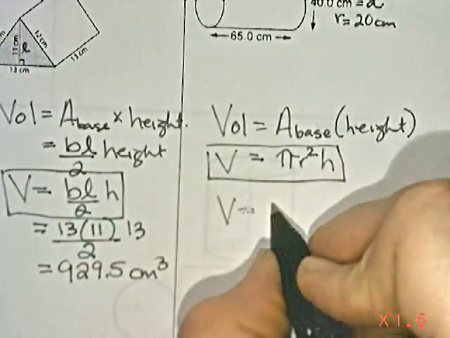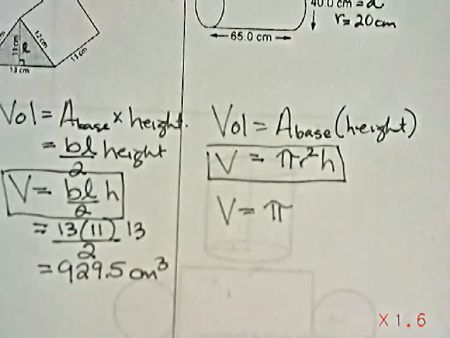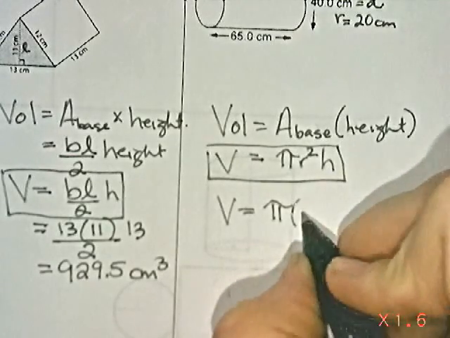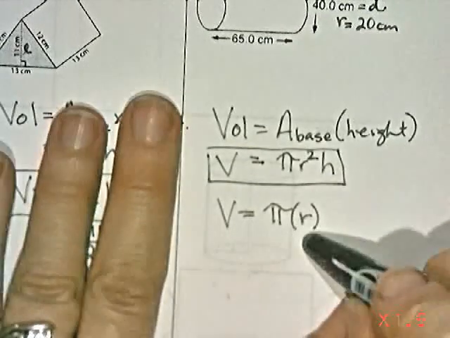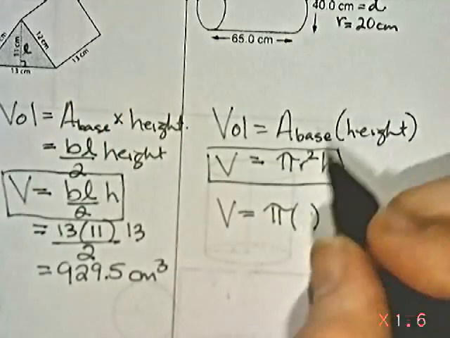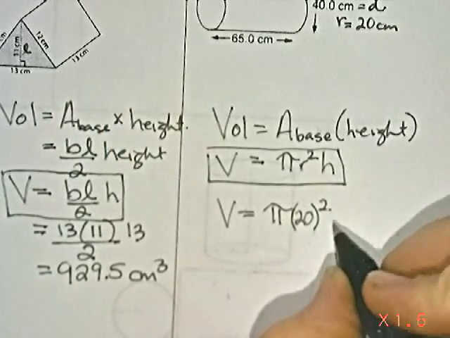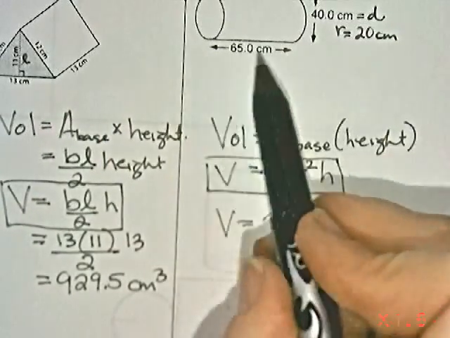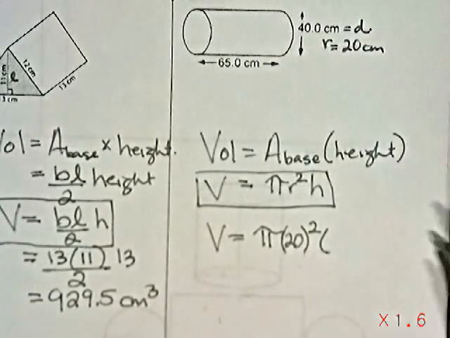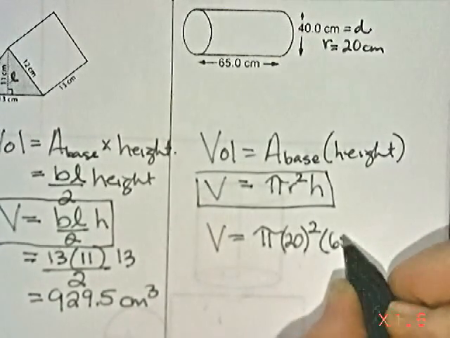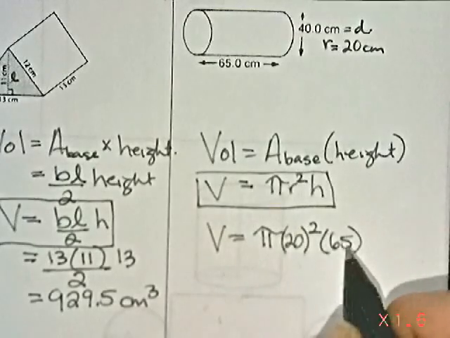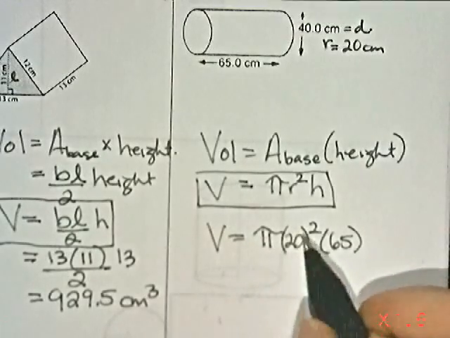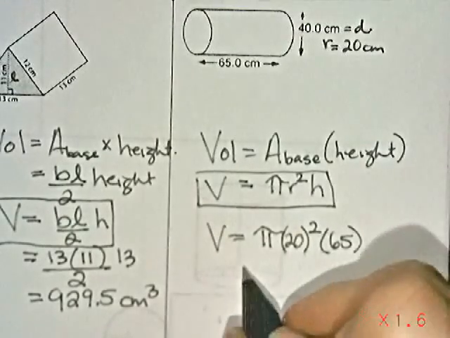And so our volume is pi, which is 3.14-ish, multiplied by our radius squared, and our radius has a value of 20. So 20 squared multiplied by the height of that circular-based prism, which is 65. And again, we have centimeters times centimeters, multiplied by another centimeter.